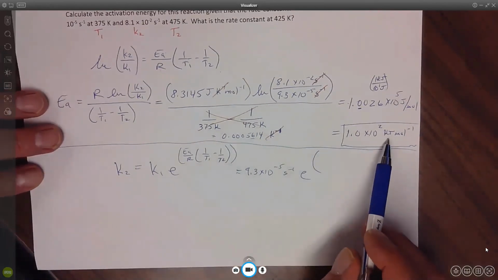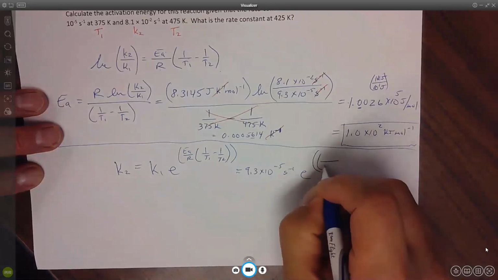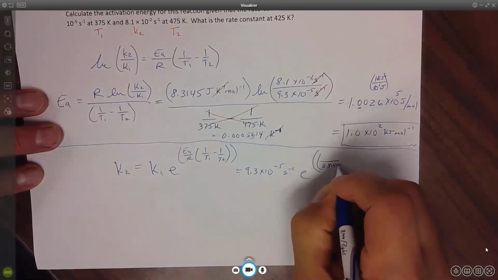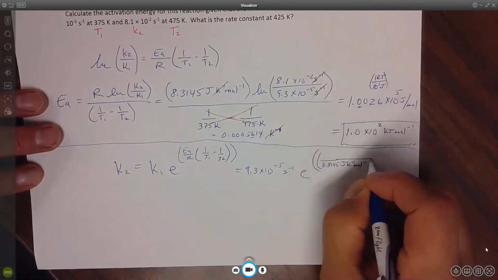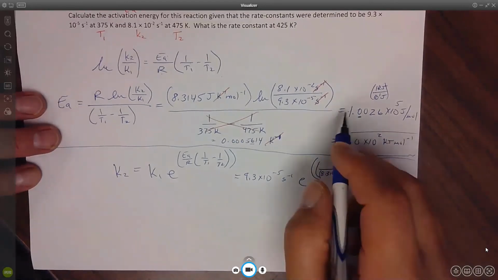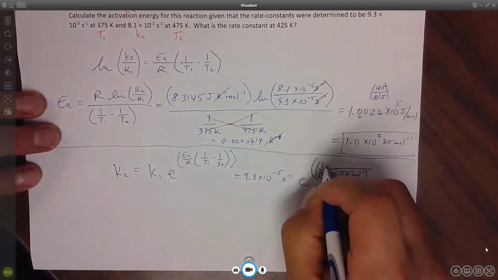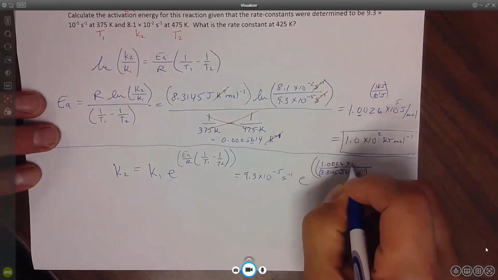I know that the R value is 8.3145 joules per Kelvin per mole. I'm going to use this EA value, and I'm not going to use a rounded value if I have the unrounded value.